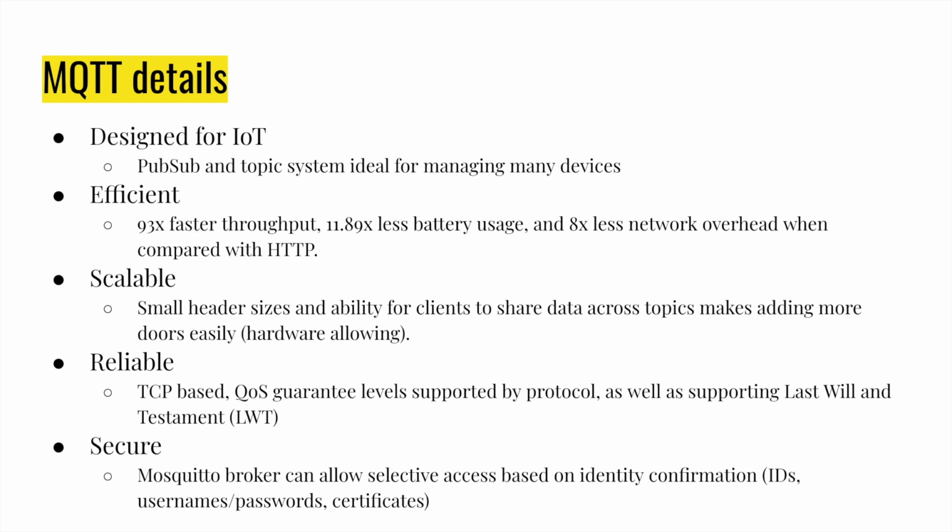Also, MQTT was a good choice for us because it has quality of service guarantees. So, for instance, if we want to ensure that the lock message was actually delivered to the smart lock, MQTT can give us that peace of mind. Another nice feature is last will and testament. This will allow you to store the client's last will in the broker.